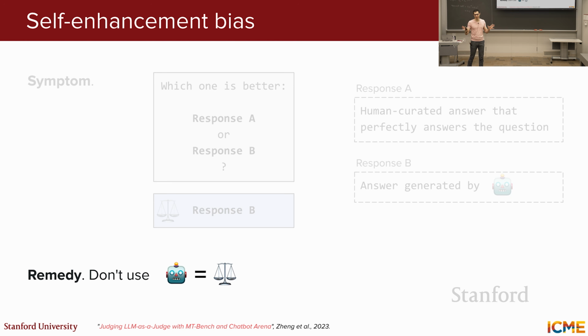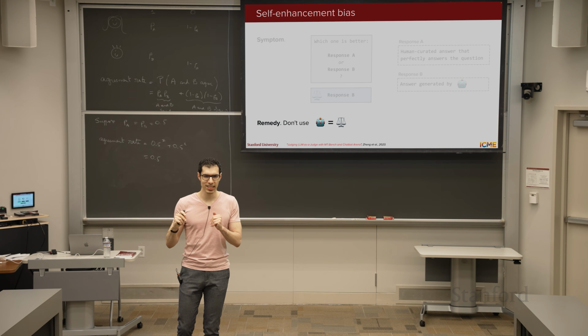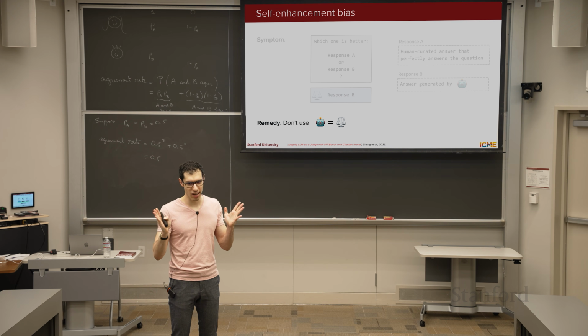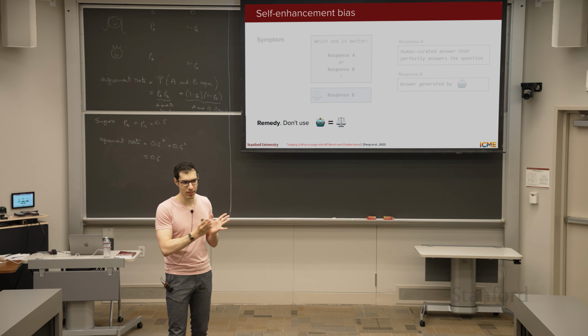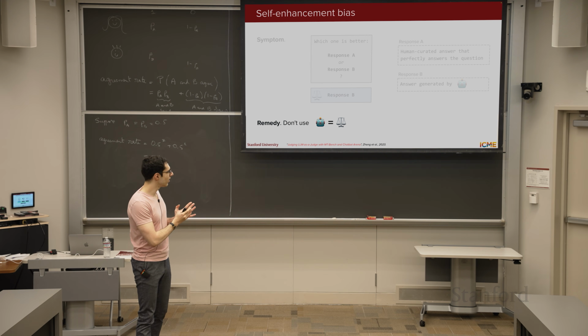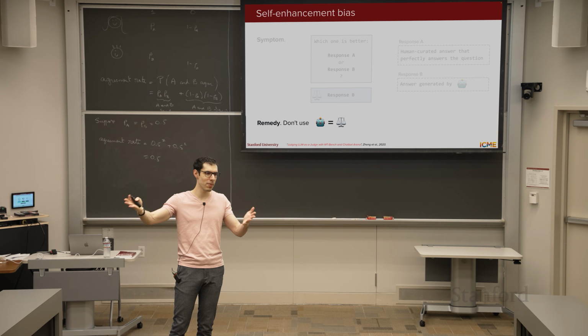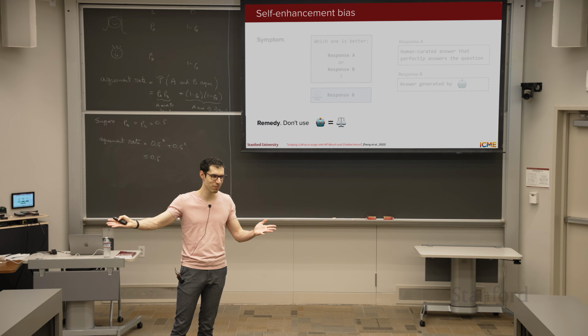So the general guideline here is to typically not use the same model for generation and for judging. But nowadays it's kind of hard to respect that strict constraint, because all models are trained on basically the same data sets.